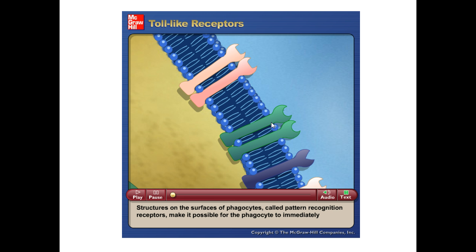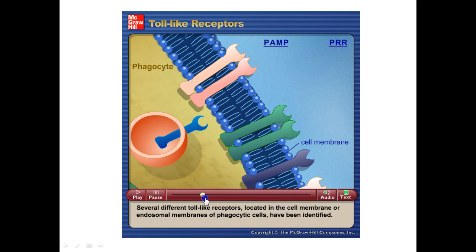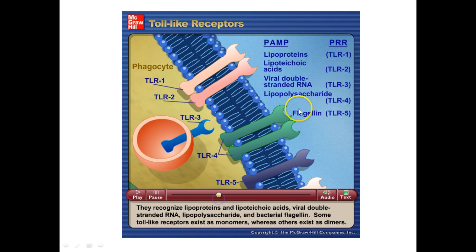So toll-like receptors are a group of these pattern recognition receptors. And we have them not only on the surface of our cells, but you also have them inside of our cells. So notice the receptors, they're just proteins embedded in a membrane. And so what do they recognize?